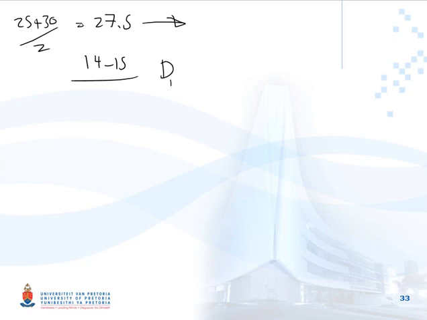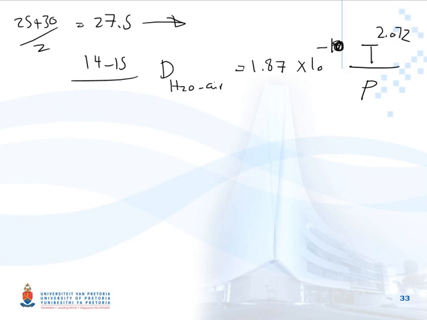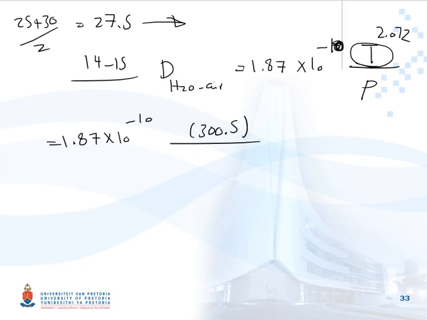We know that D H2O-air is equal to 1.87 times 10 to the minus 10 T to the power of 2.072 divided by total P. Here temperature should be in Kelvin, so it will be 1.85 times 10 to the power of minus 10, 300.5 Kelvin to the power of 2.072 divided by 1 atmosphere.